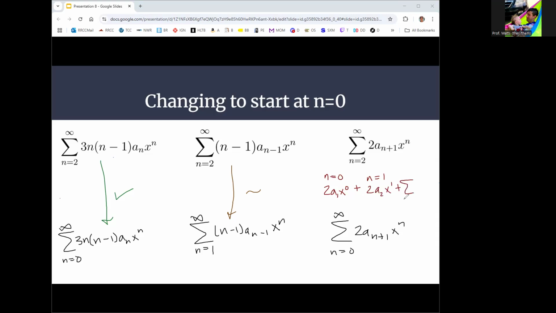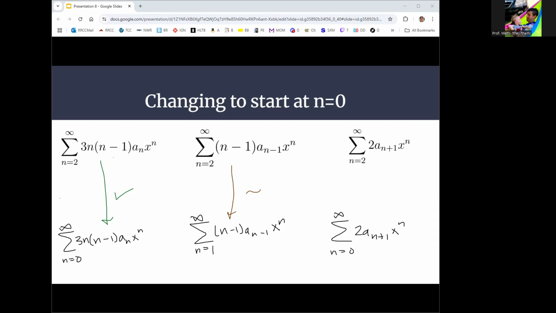So these are actually not equivalent sums, because we have some non-zero terms when n equals 0 and when n equals 1. So we're not able to just change that starting index to 0 or to 1. The trick doesn't work at all.